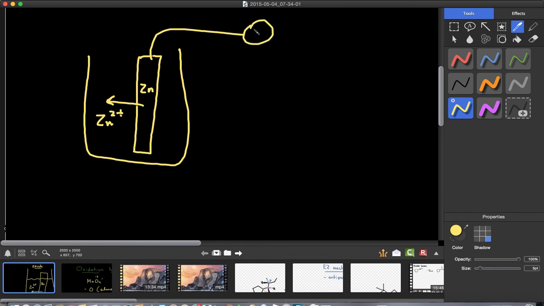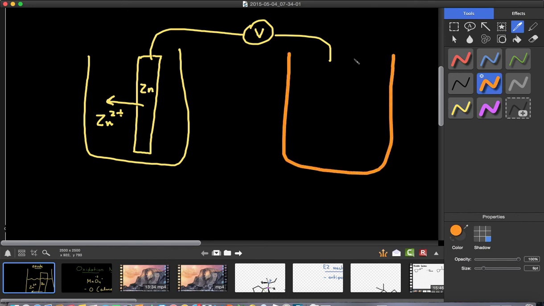Of course, this will connect to my voltmeter. Copper 2 plus goes to copper. Of course, these are immersed in an aqueous solution.